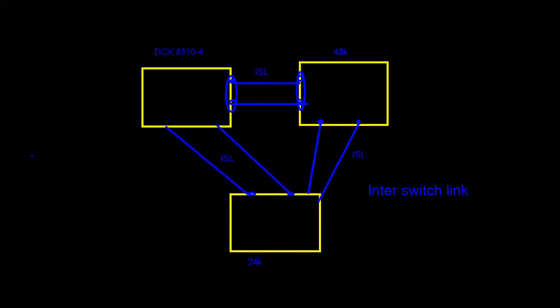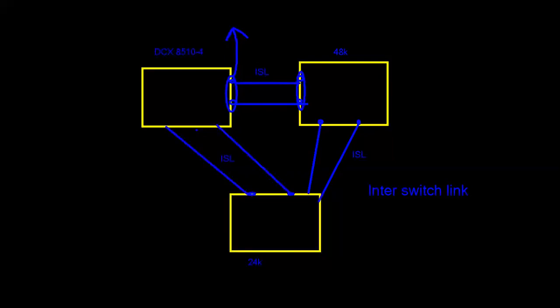But in the newer model switches we have in generation 5, that means DCX, in order to configure this inter switch link, we must use ports on the switch. If we have only 3 switches, then we have used 4 ports on each switch, right?